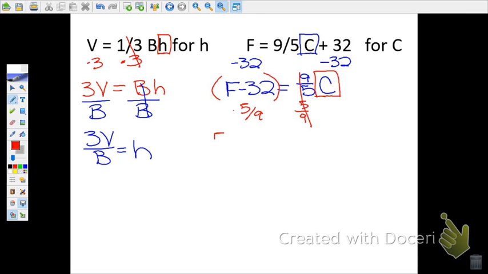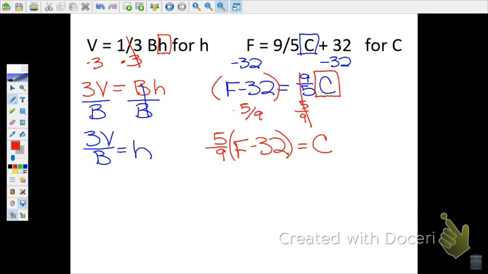So I'm going to put that fraction 5/9 in front of my parenthesis. And that is my answer. I do not need to distribute it. I'm not having to work anything out. I just wanted to solve it for that variable C.